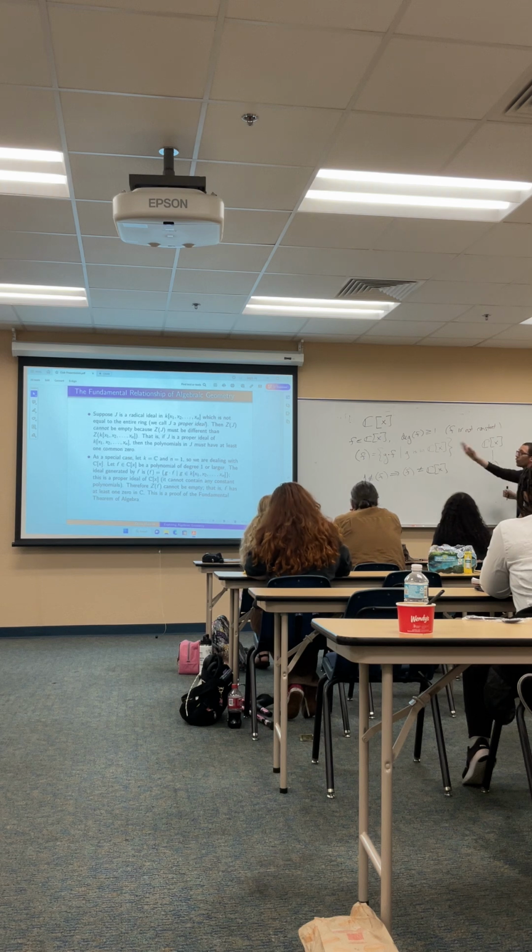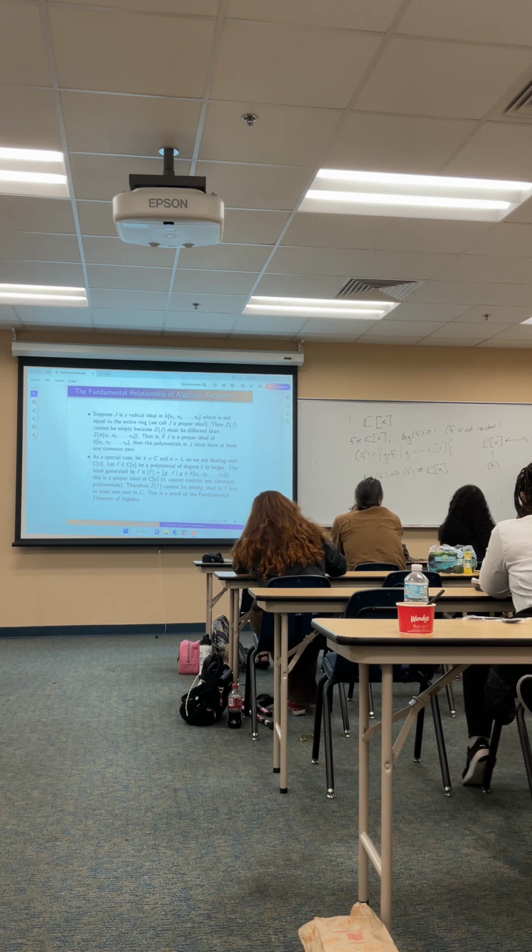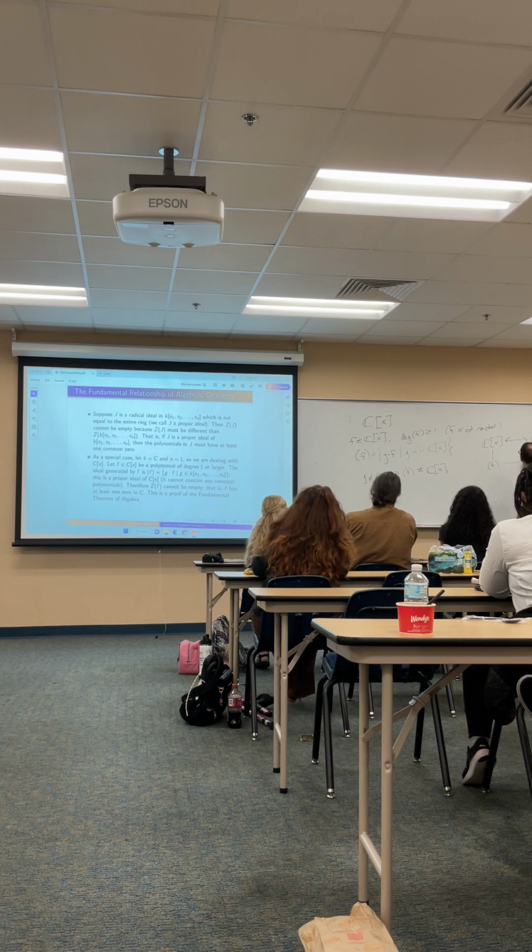Under our correspondence, the algebraic set the entire polynomial ring corresponds to is the empty set. So this ideal is going to have to correspond to a non-empty set, right? That is the zero set operation.